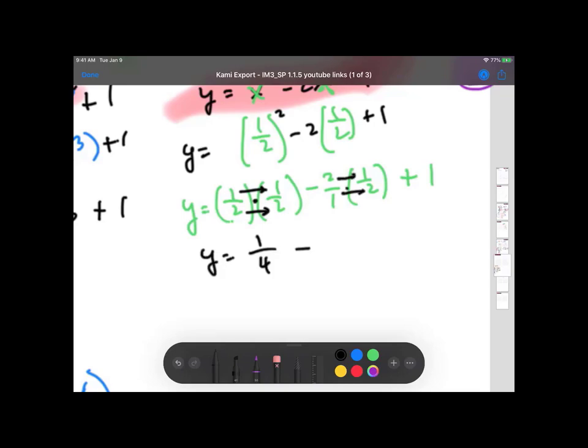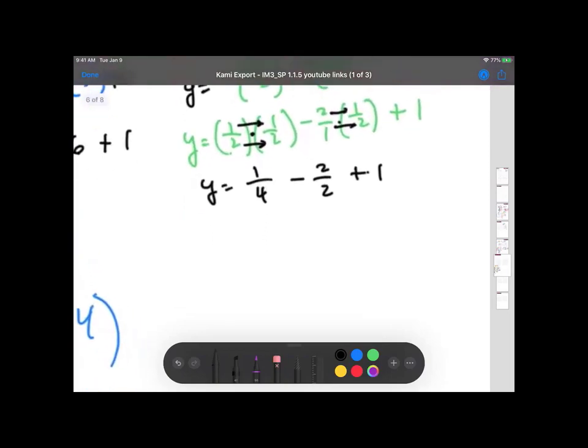this will become negative 2 over 2 plus 1. Negative 2 over 2 is just really negative 1, and negative 1 plus 1 is just 0. So you have y equals 1/4.